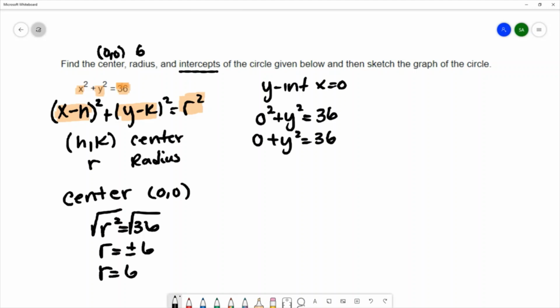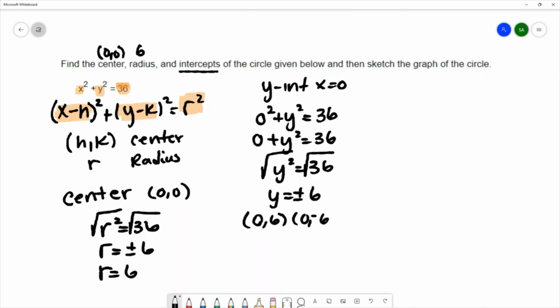Y squared plus 0 is y squared. And then I'll square root both sides to get y equals plus and minus 6. So we have two y-intercepts at (0, 6) and (0, negative 6).